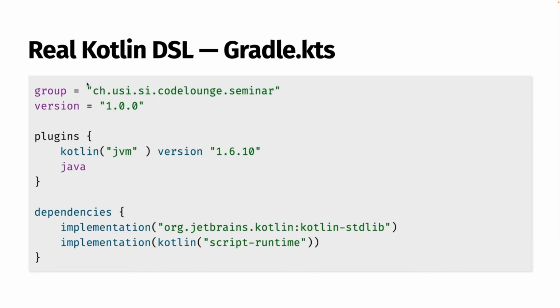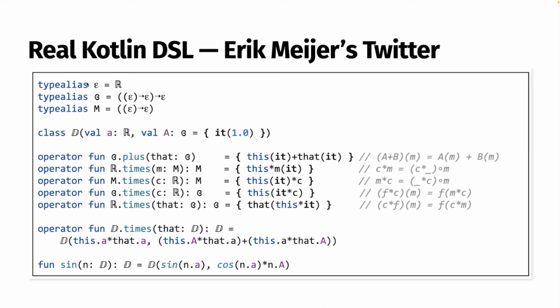In fact, all of these plugins are builders. And then if you're Eric Meyer, you can also exploit Kotlin and operator functions and non-ASCII characters to create things like this, which I have no idea what they mean. But yeah, you can do pretty cool stuff.